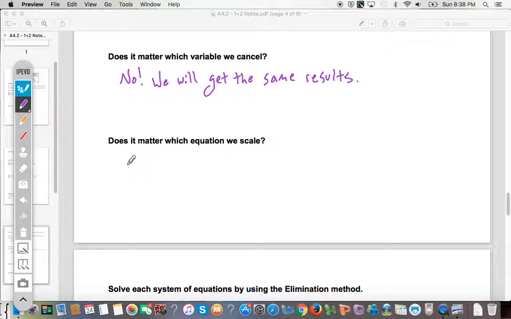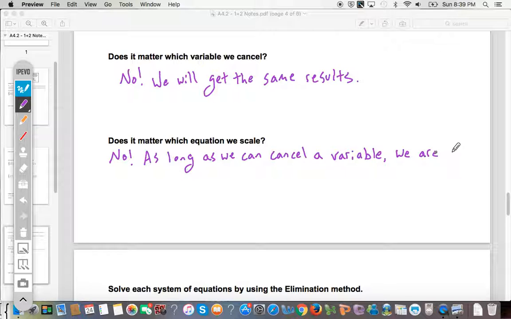Okay, and does it matter which equation we scale? No. As long as we can cancel a variable, we are all set.